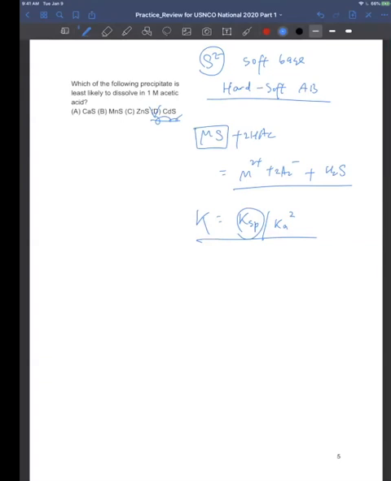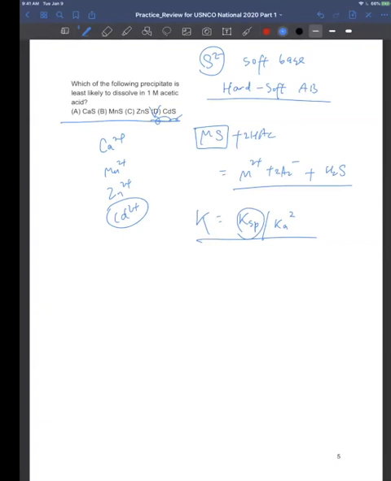And out of all of those cations, Ca2+, Mn2+, Zn2+, Cd2+, Cd2+ is the softest. It has the perfect match with the sulfide. Why is Cd2+ the softest? What does soft mean? It means a larger size and a relatively easily affected electron cloud, right?